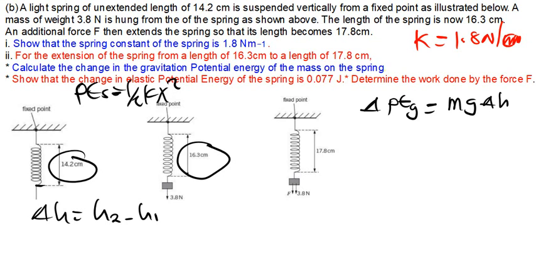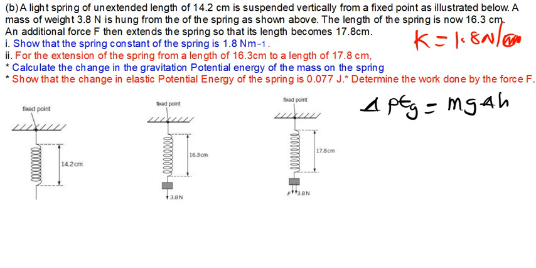Now let me just go direct instead of wasting time here. I want to find the change in gravitational potential energy. When I was talking about the change, it is the gravitational potential energy final minus the gravitational potential energy initial.